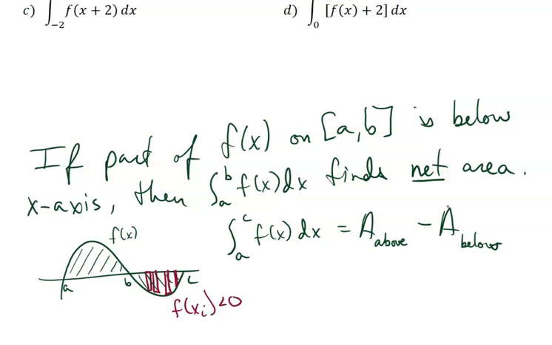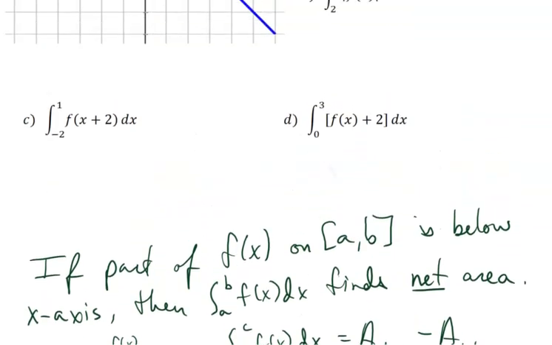So when I do the height, the quote height of the function at each of these points, I'm going to get a negative value multiplied by the horizontal width, which is still delta x. And so I have what looks like a negative area. Let me stress, area cannot be negative, but area can be subtracted. Okay? All right, let's go back to these examples.